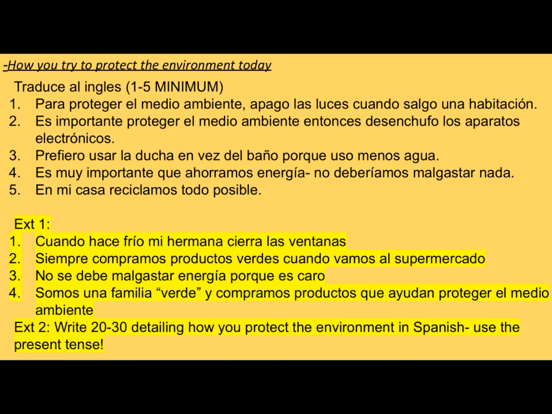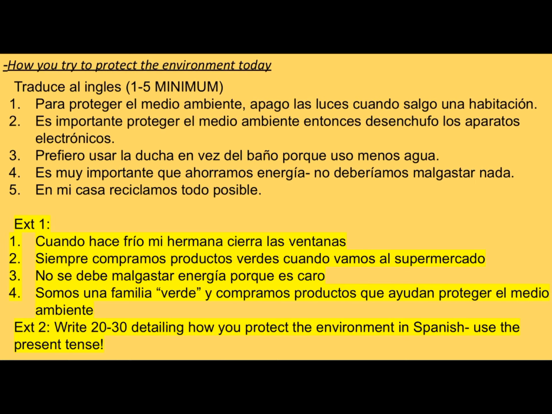So now we're going to have a look at these slightly more challenging ones, where we throw in some third person phrases and just a little bit more vocab. So number one, we should have when it's cold. So going all the way back to year 7 with that phrase. When it's cold, my sister closes the windows. Number 2, I always buy green products when we go to the supermarket.